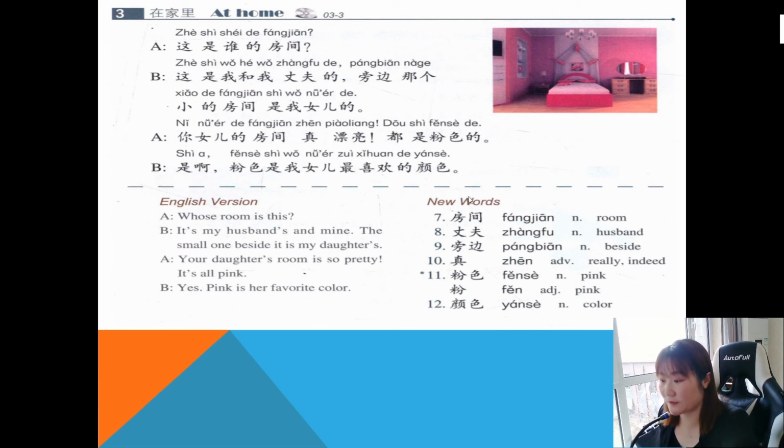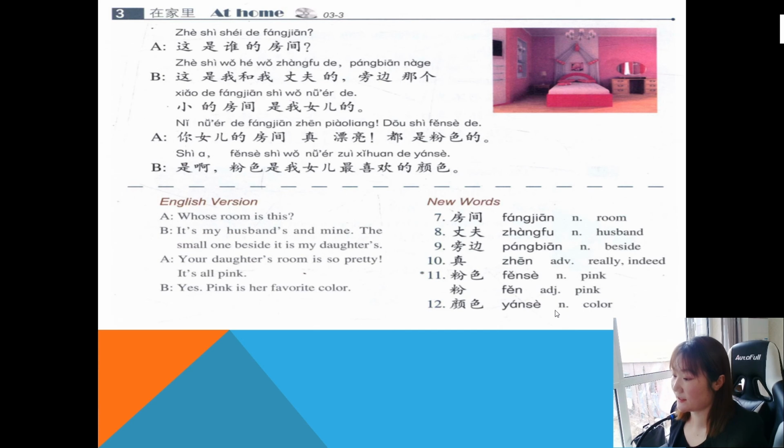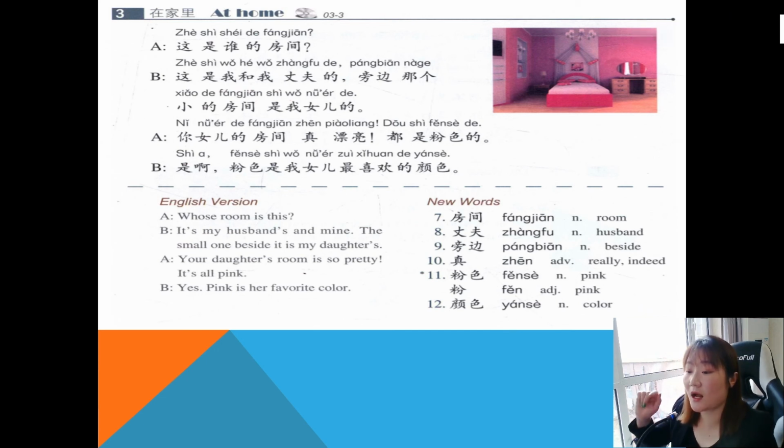So new words: 房间, room; 丈夫, husband; 旁边, beside; 真, really, indeed; 粉色, pink; 粉, pink; 颜色, color.